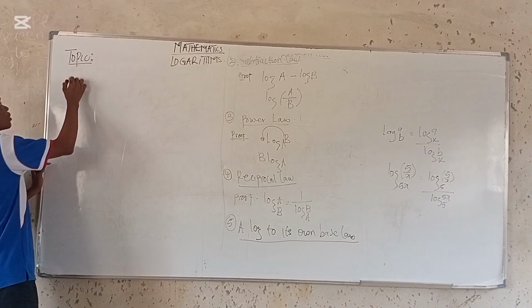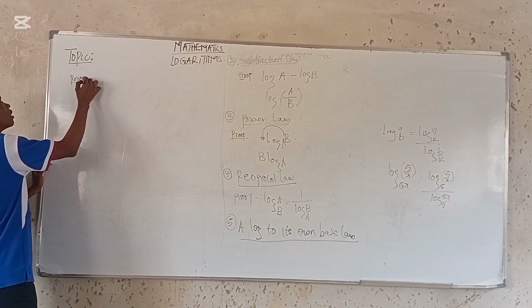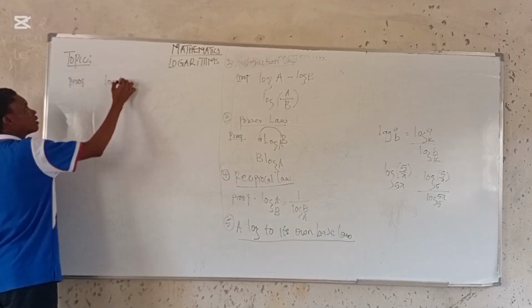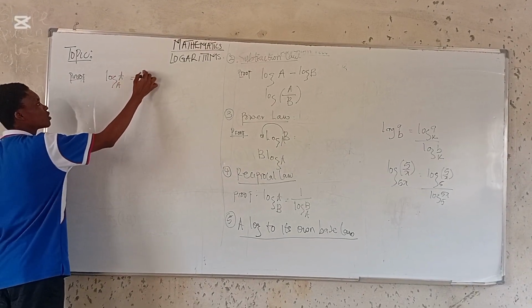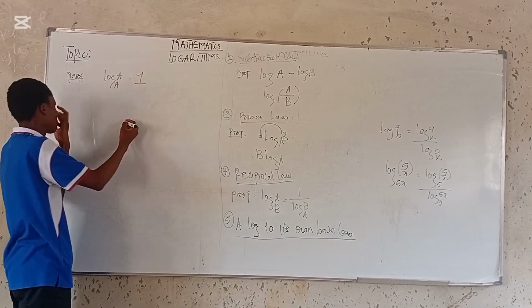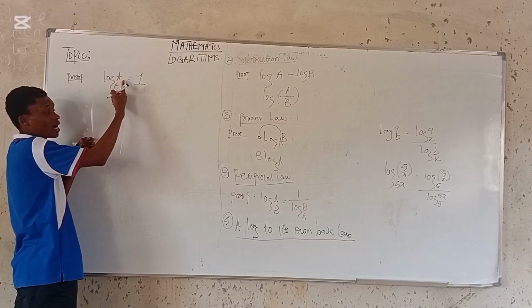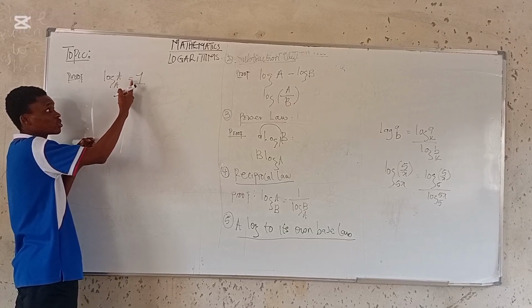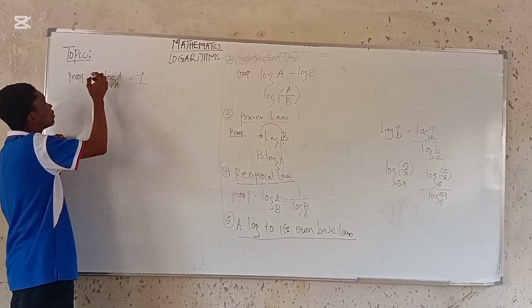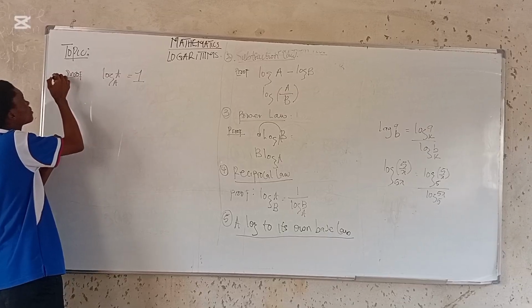So if we have log a to base a, the result is 1. Whenever the log and the base are the same, the result is what? 1. All right, that is number 6.